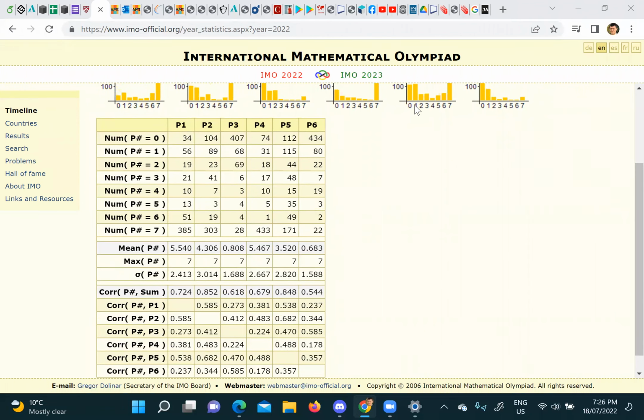Usually you can tell how many people total by the sum of the column, right? If you add up the P6 column, you get roughly 580 people. So maybe 580 people did the test.